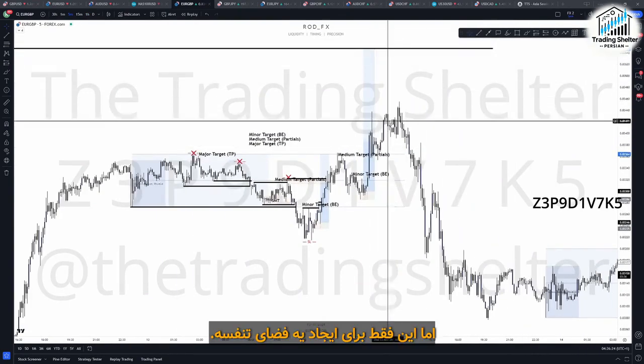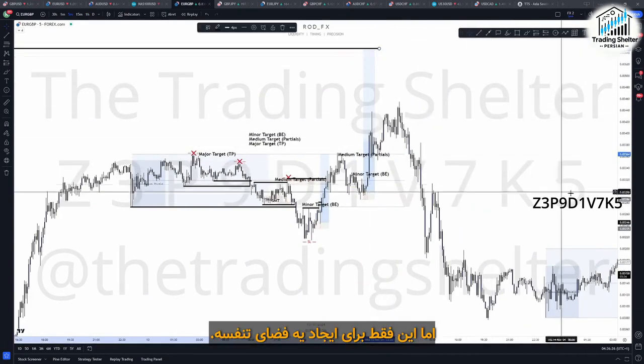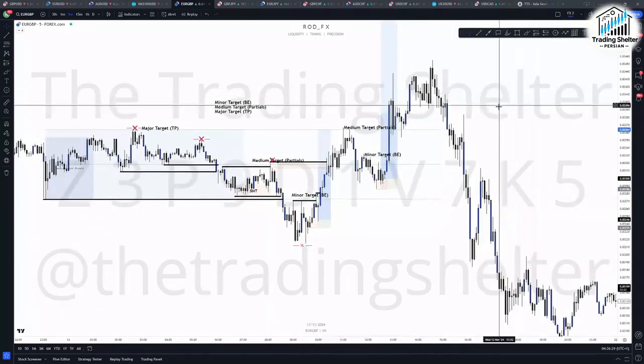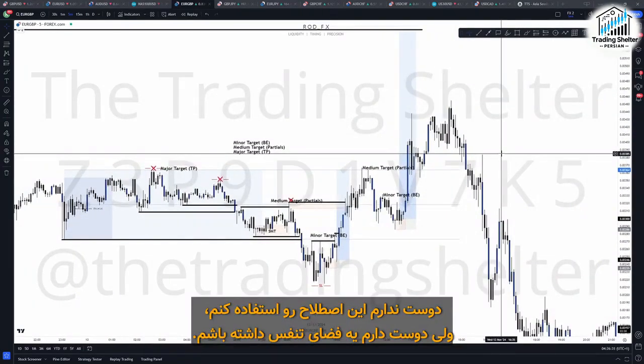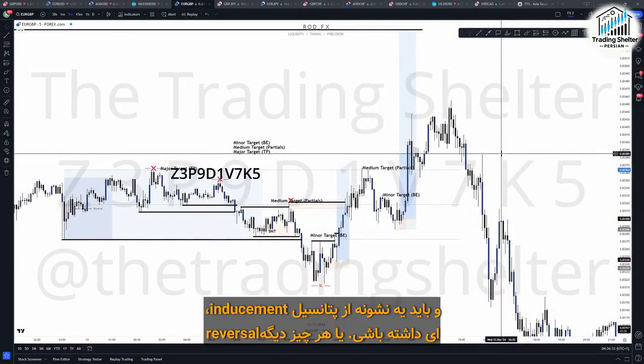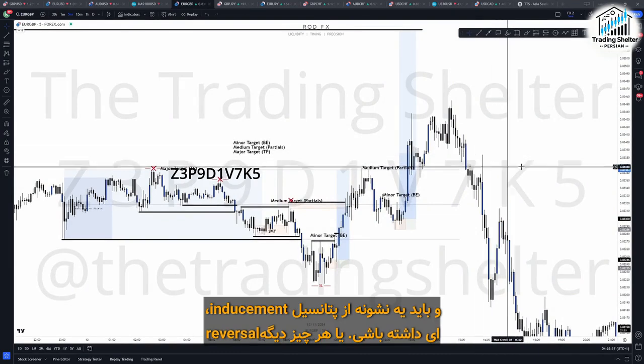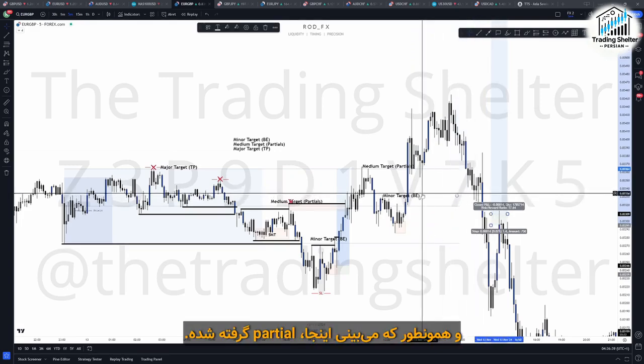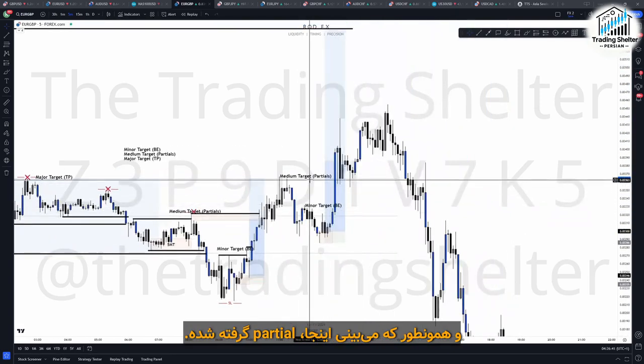But this is just to leave some breathing room. I don't like to use that term, but I like to have breathing room. And you need to have indication of potential inducement, reversal, or whatever, okay? As you can see here, we have partial taken.